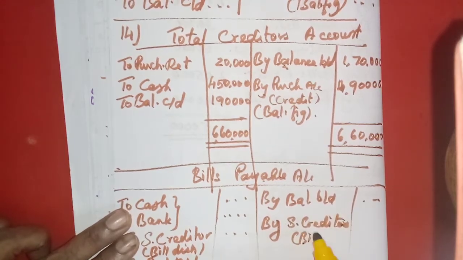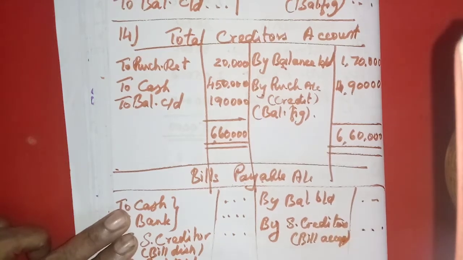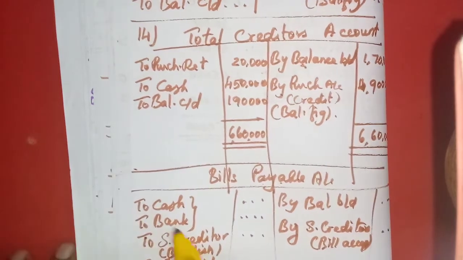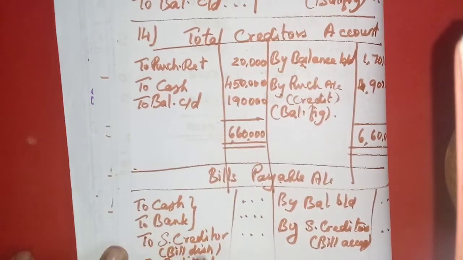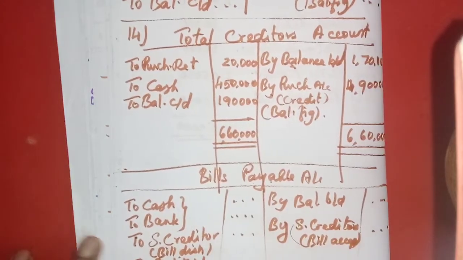Bill accepted, balance it will come. Okay, only 5 items: either cash happen, bills dishonor, bills accepted. Mostly they will ask us to calculate the bills accepted.